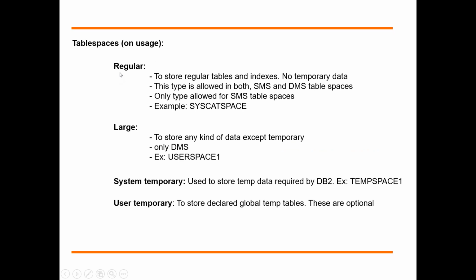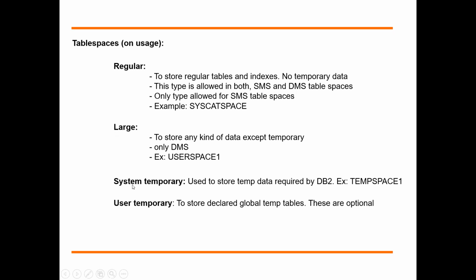Regular is for SMS by default. Why do you go for small table space limits? In the latest versions, you have no necessity for it, but you can still create it, right? But if someone asks, can I create a large SMS? No, you cannot. System managed cannot be large. Large is always reserved for DMS.